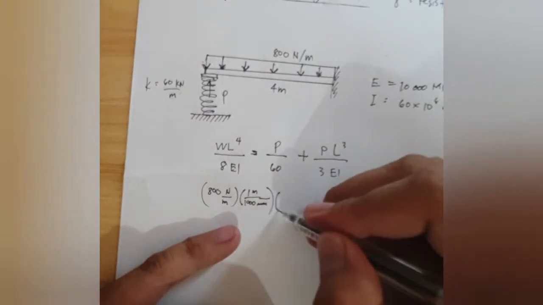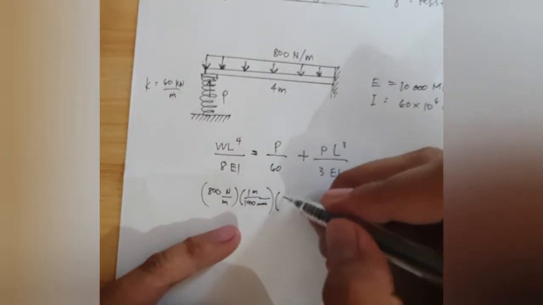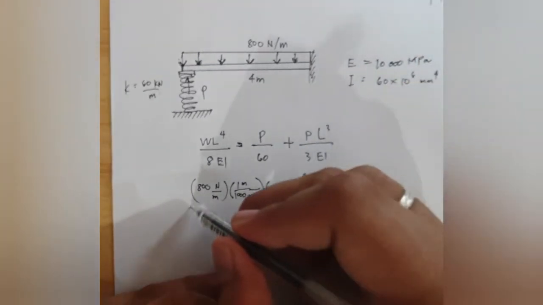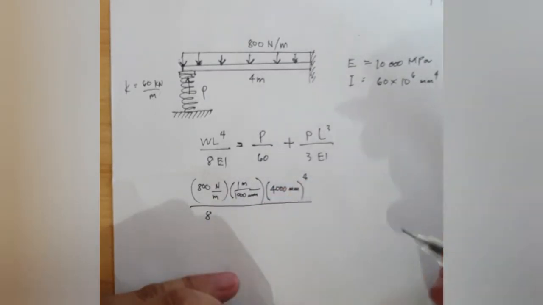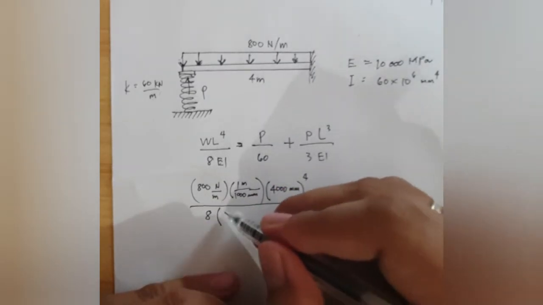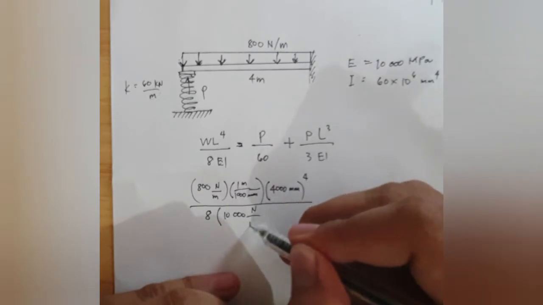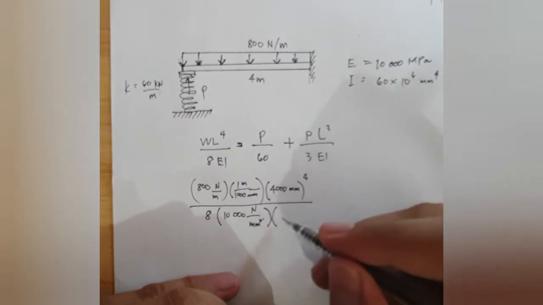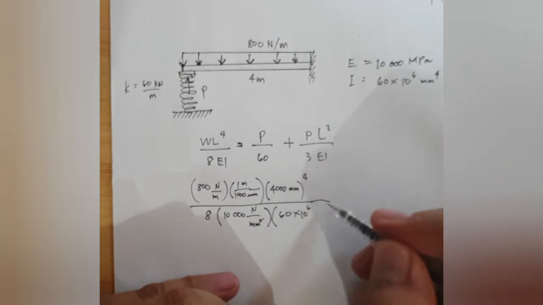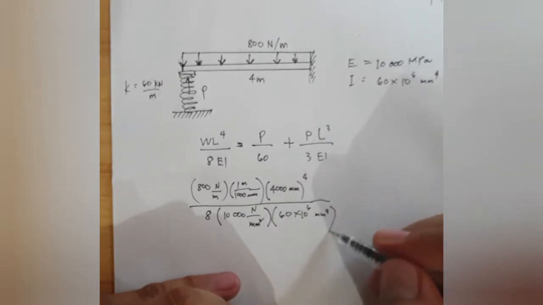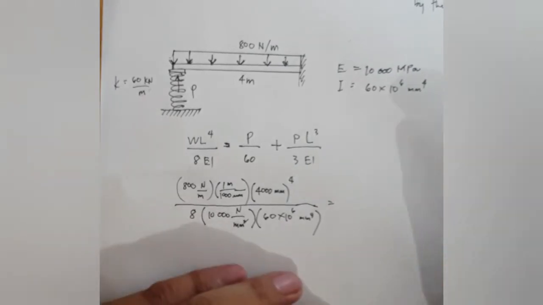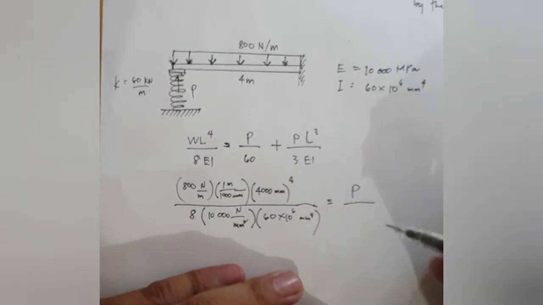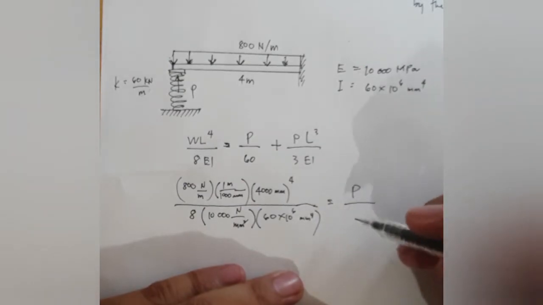The length is 4 meters, so that is 4,000 mm, to keep the units consistent. E is 10,000 newton per mm squared, that is 10,000 megapascal. I is 60 times 10 to the 6 mm to the 4, equal to the unknown P, in newtons, over 60 kilonewton per meter.